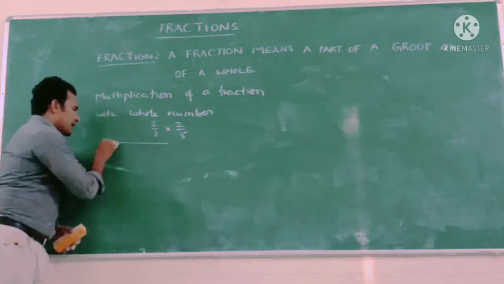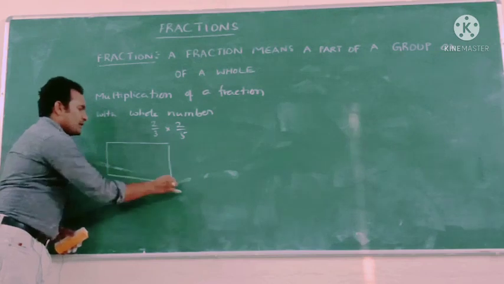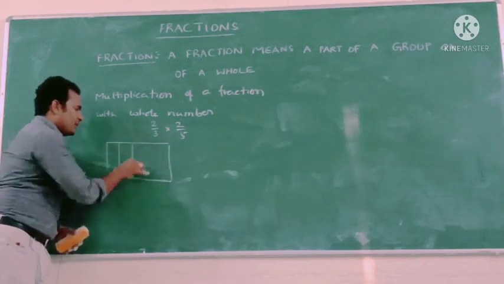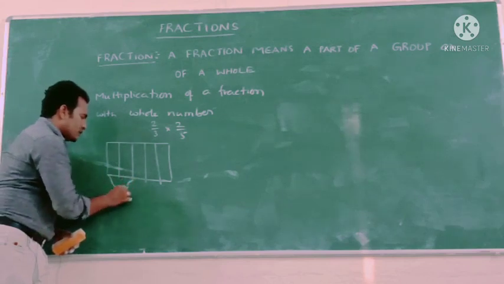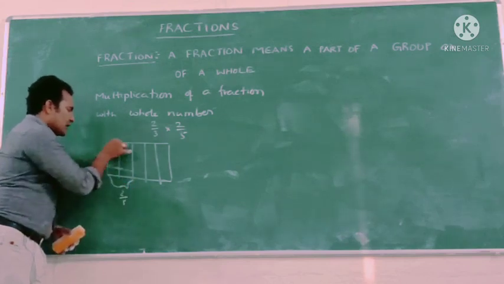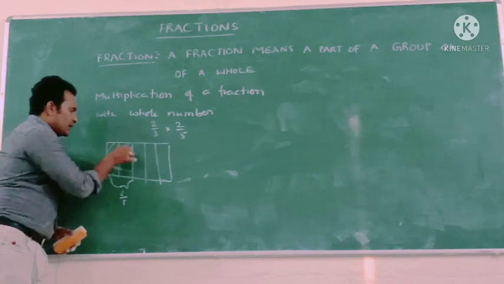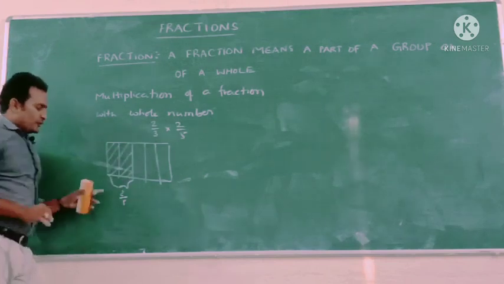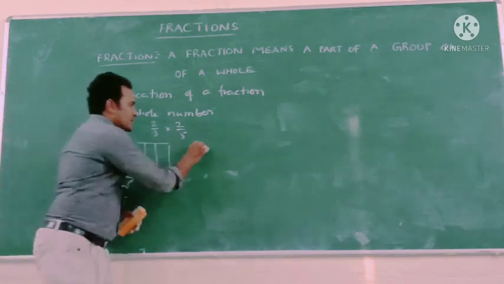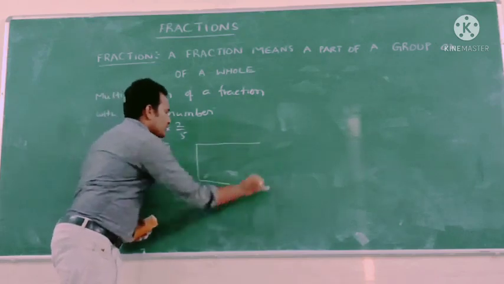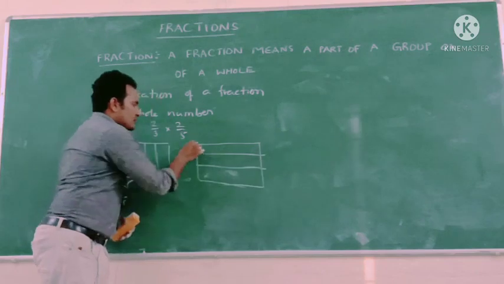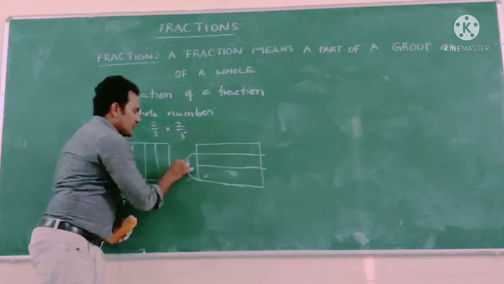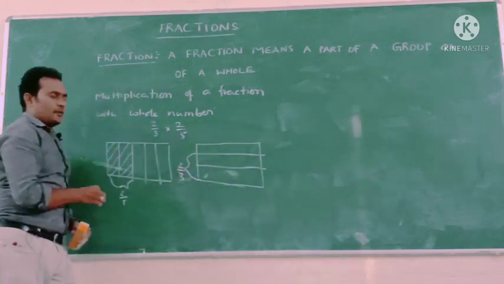Let us draw the 2 by 5 part. So this could be the 2 by 5 part, shading. And coming to the 2 by 3rd part, this is the 2 by 3rd part.